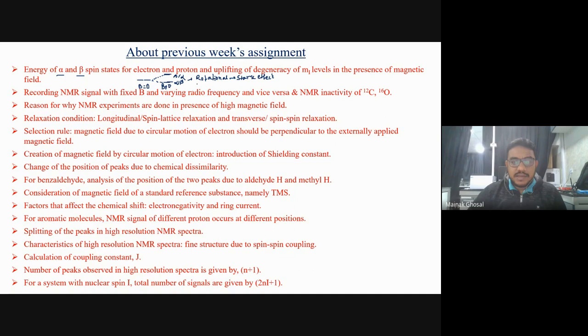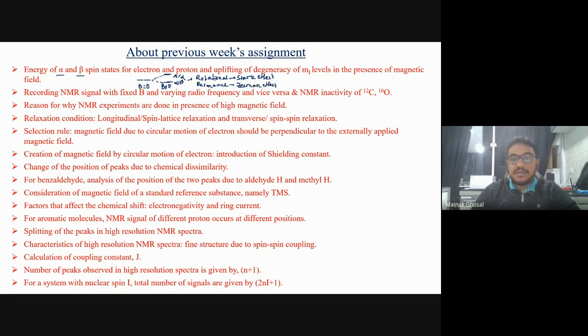The same thing is happening for the magnetic field. In terms of resonance spectroscopy, I would say that in presence of a magnetic field, these levels are splitting and the degeneracy is broken.